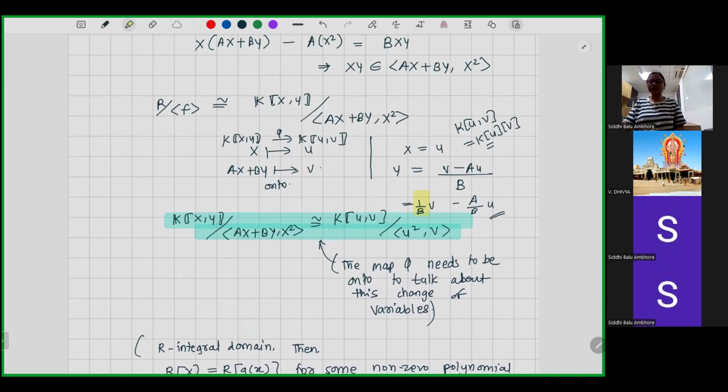In this case x goes to u, and ax plus by goes to something like 1 by a times u. This b has to be non-zero for this map to be onto, because then ax going to u implies ax going to au, and this b non-zero doesn't make any sense here to change the variables or parameters.